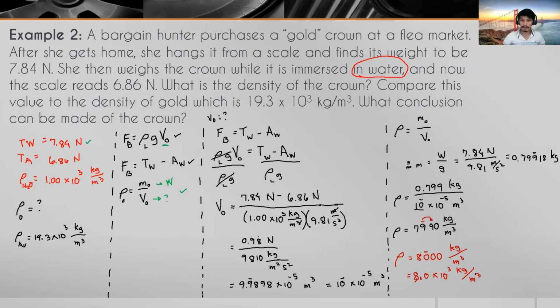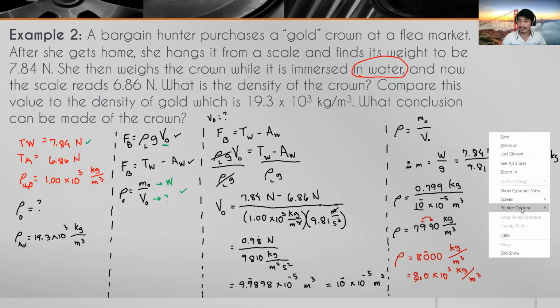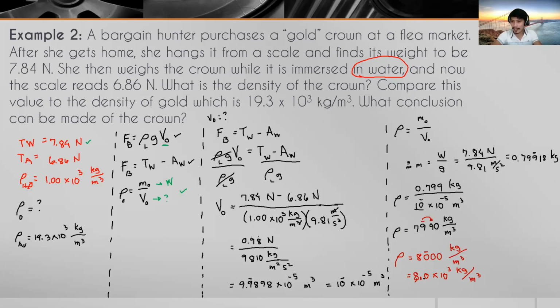Ayan. So anong ibig sabihin natin? Compare natin ito sa gold, sa density ng gold. So yan daw yung density ng ating object. Now, if you notice, ang density na nakuha natin is 8,000 kilogram. Yung density ng gold is 19.3 times 10 to the power of 3 kilograms per cubic meter, which is not equal. So anong ibig sabihin nito? Is it a pure gold? No. Hindi yan siya pure gold.